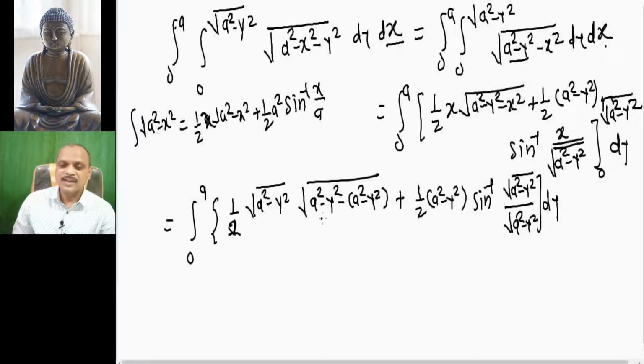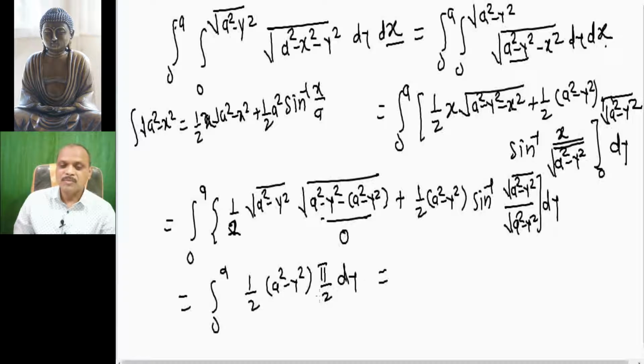Here you can see that the first part, a square minus y square minus a square minus y square, will be 0. So this is integration 0 to a of 1 by 2 a square minus y square into sine inverse of 1. Sine inverse of 1 is pi by 2, into dy.